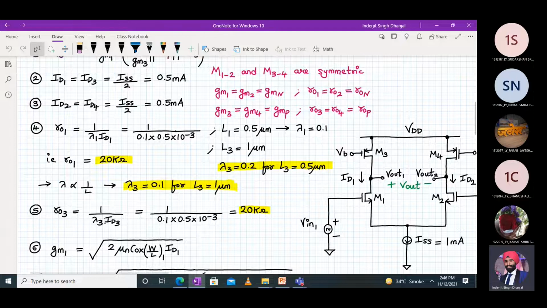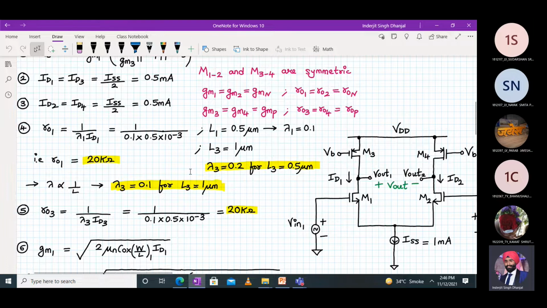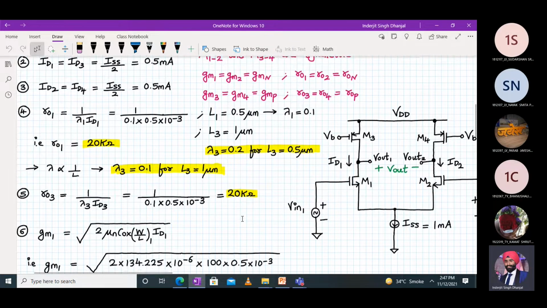So while substituting, you have to substitute 0.1. Did you get the point? This is done for the given channel length of 1 micrometer. So for that, lambda will be 0.1 and RO1 and RO3 will be 20 kiloohms. Did you understand this point?